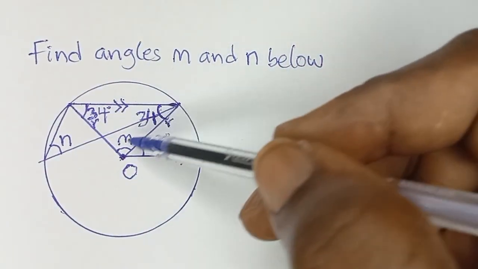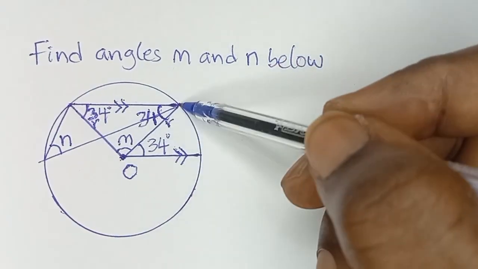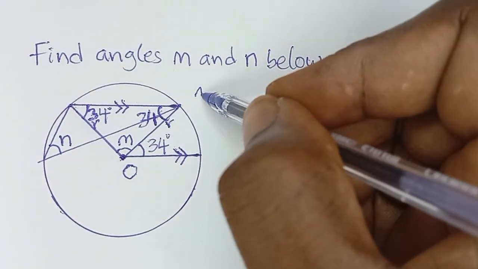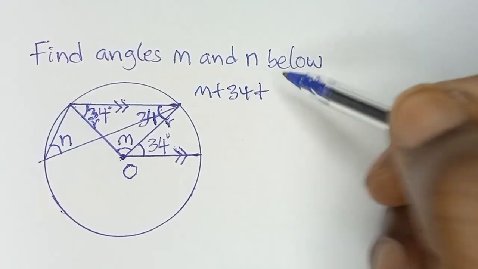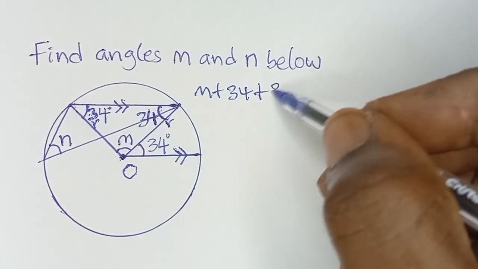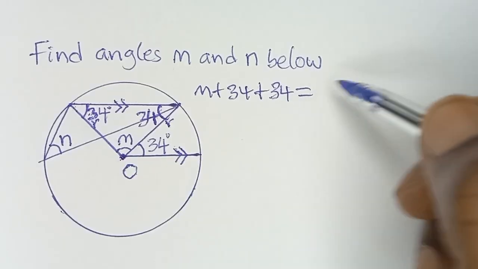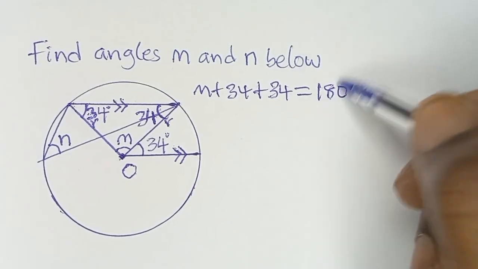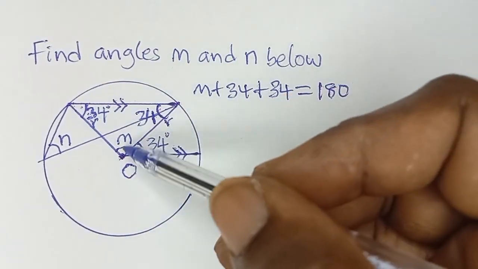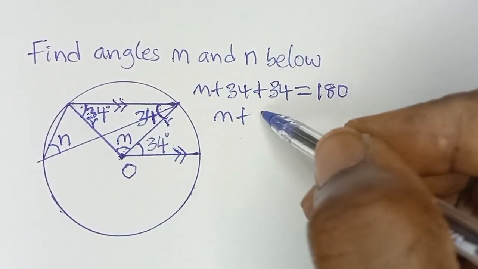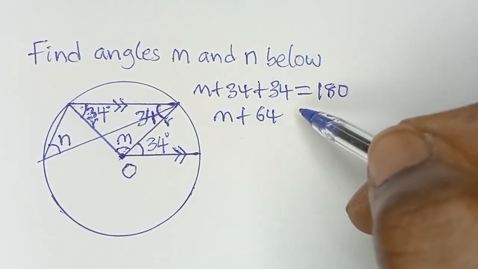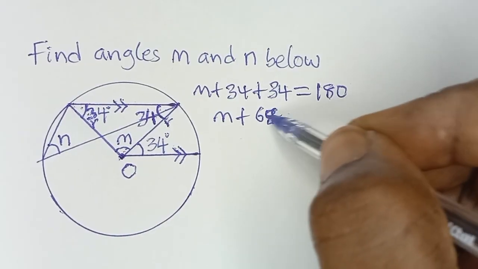So from there, we can now find angle M using this full triangle. So I'm going to say M plus 34 plus this other 34 here, everything adds up to 180 because the sum of angles in a triangle adds up to 180. So M plus 68.